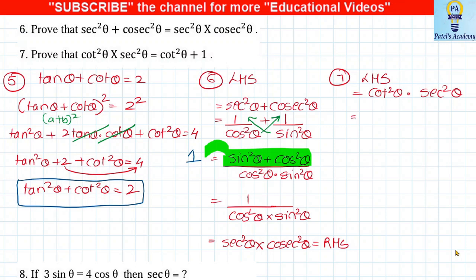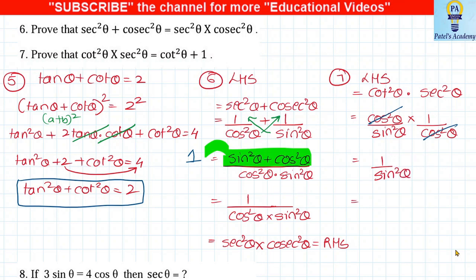Now, what is cot? Cot is nothing but cos upon sin, so I'll get cos square upon sin square. What is sec? Sec is nothing but 1 upon cos, so 1 upon cos square. So what we see over here is cos square will cancel. We are left with 1 upon sin square.